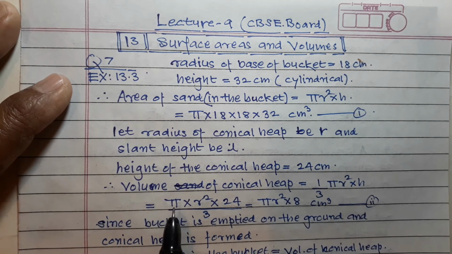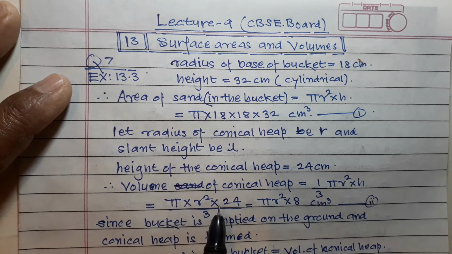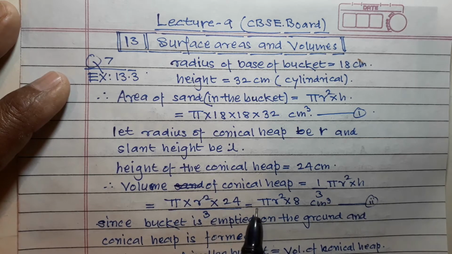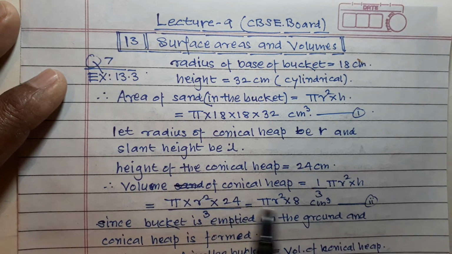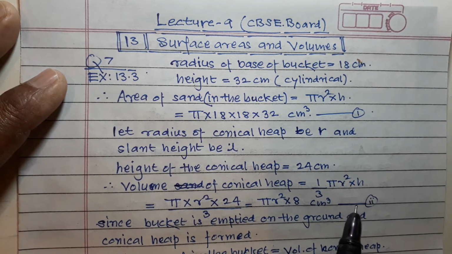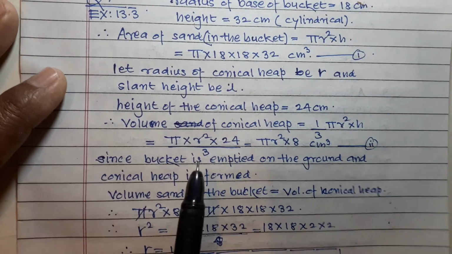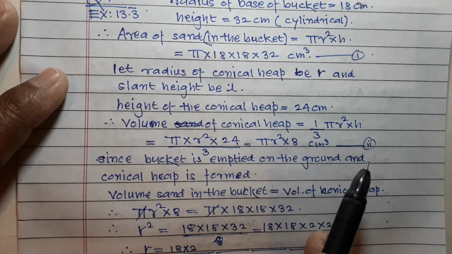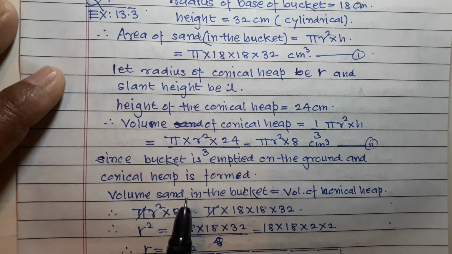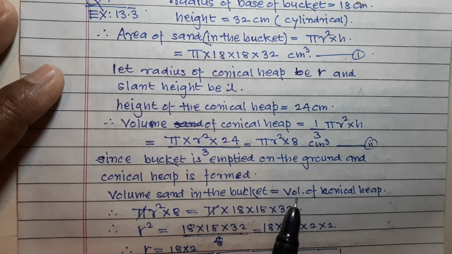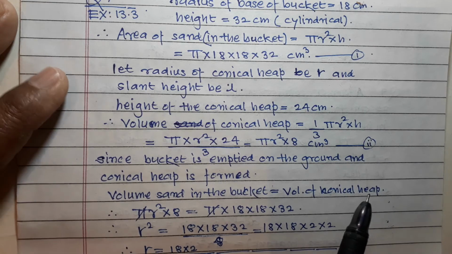So it is equal to pi into r square into 24 upon 3, is equal to pi r square into 8 cm cube. This and this get cancelled. Statement number 2. Since bucket is emptied on the ground and conical heap is formed, so volume of sand in the bucket is equal to volume of conical heap.